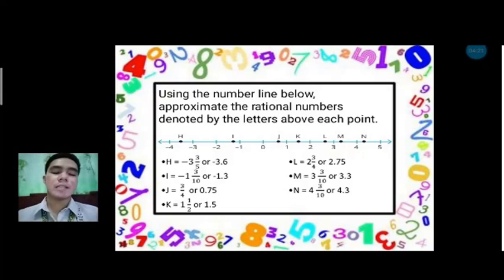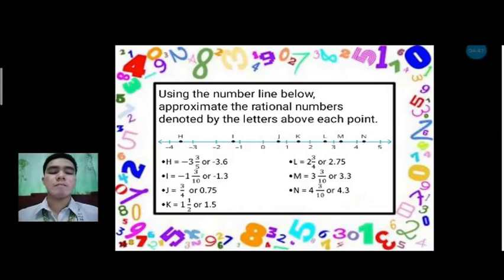Then point N, as you can see, is less than halfway between 4 and 5, so my approximated value is 4.3 or 4 and 3 over 10.